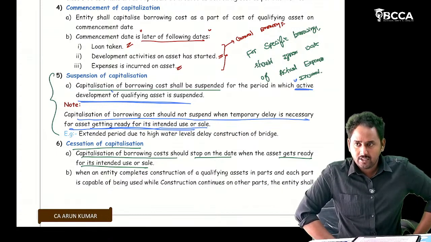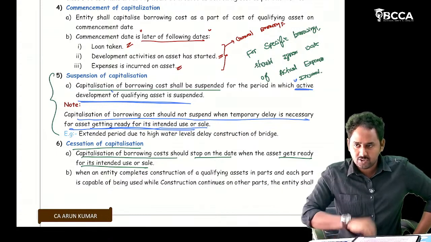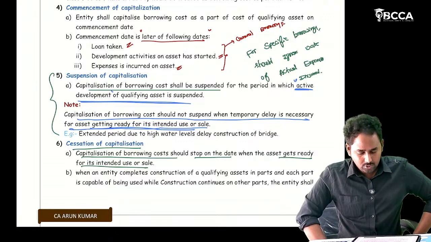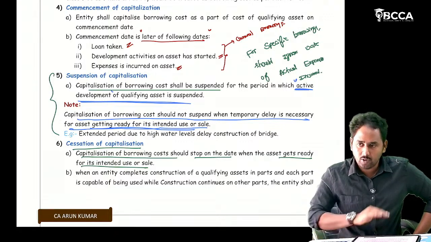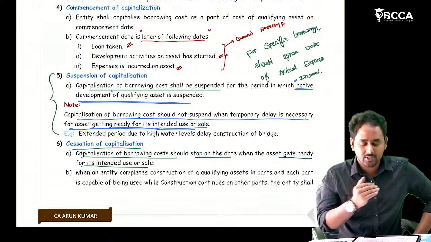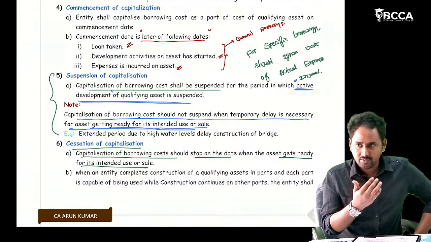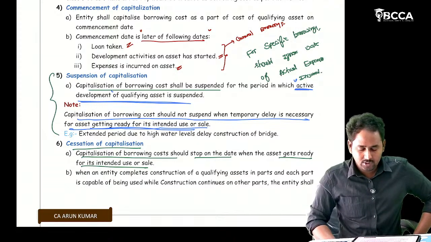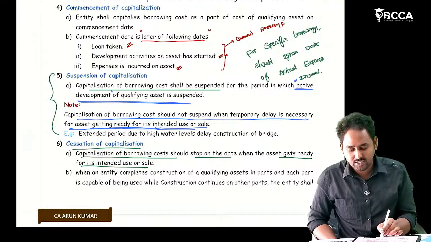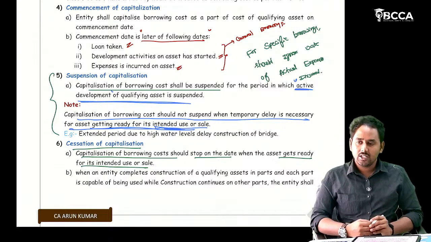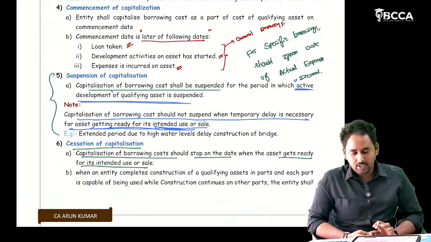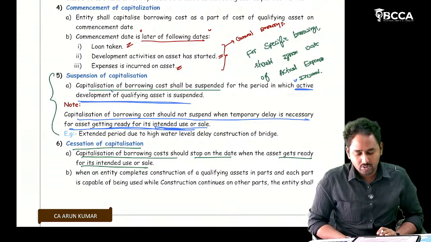In this period, the active development of the construction is not going on. So that period's borrowing cost should not be added to the cost of the asset. That is the rule. What is the exception? Even though the activities are not going on, because the stopping of the activities is necessary for the asset to be ready for its intended use or sale, then that borrowing cost should be added to the cost of the asset.